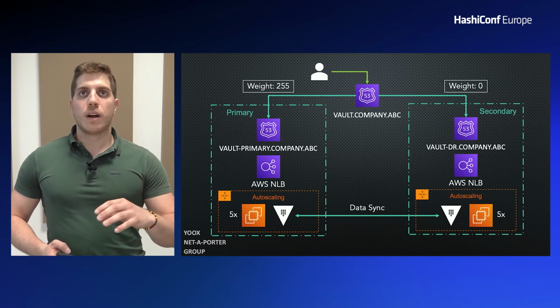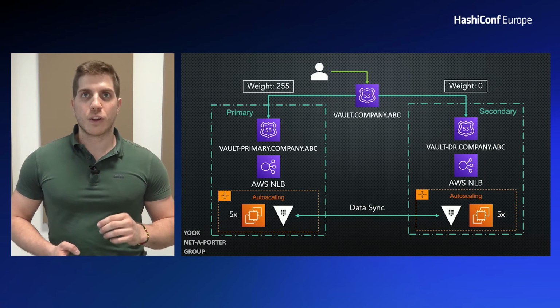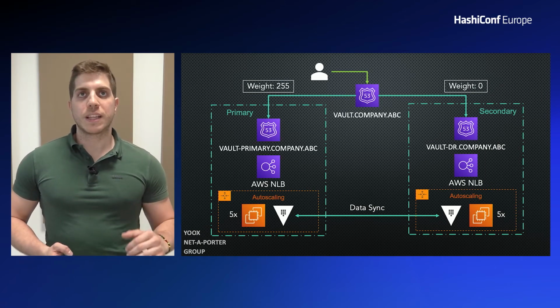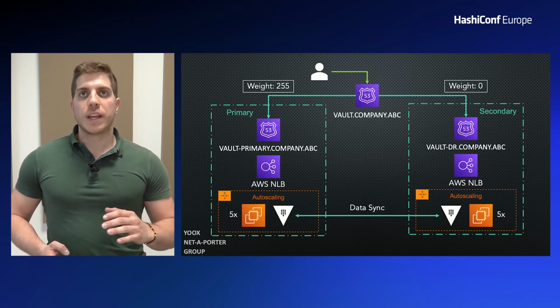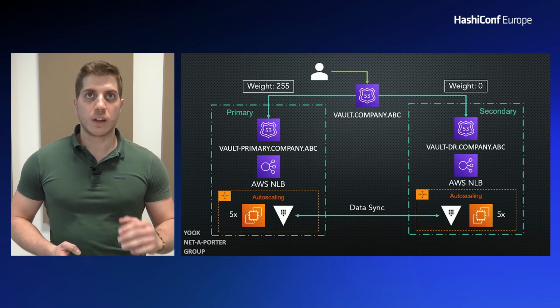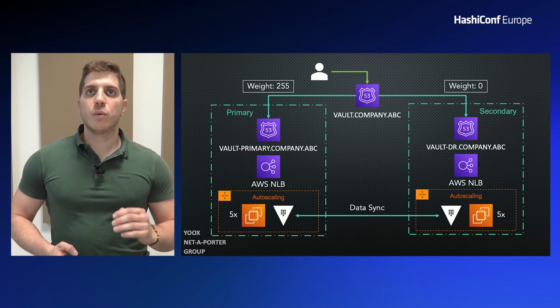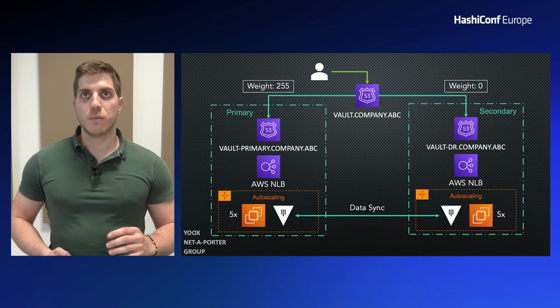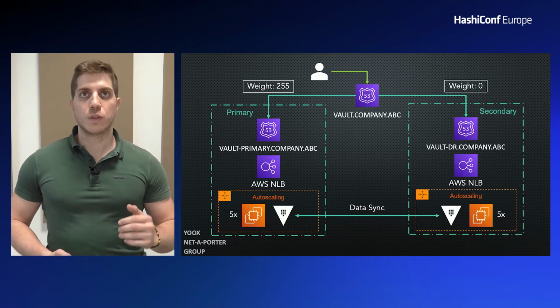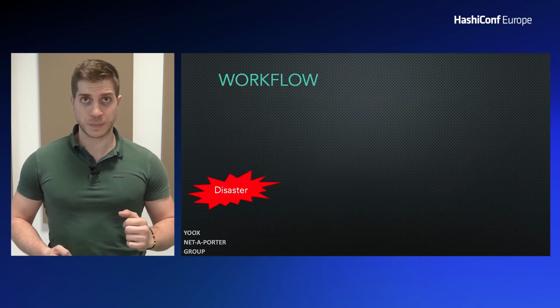So for our high-level domain, vault.company.abc, we pointed it to both the clusters, and we set the weight for the primary cluster to be the maximum, 255, and the weight for the secondary cluster to be the minimum, namely 0. In this way, all the traffic will be redirected to the primary and not to the secondary.